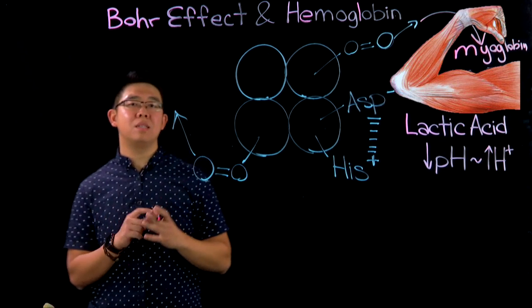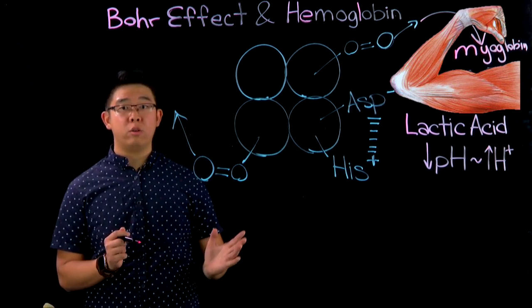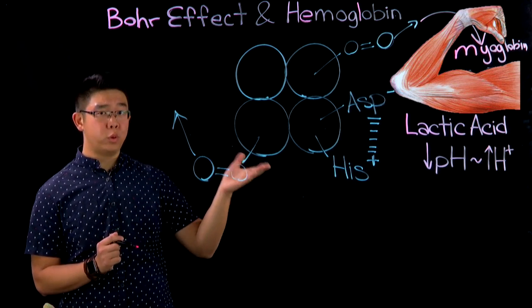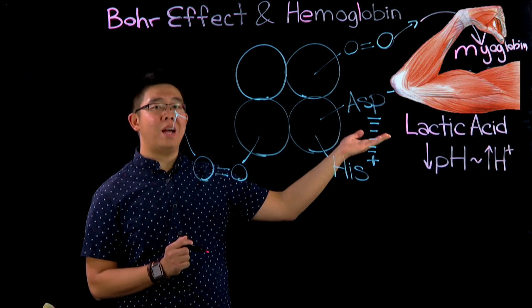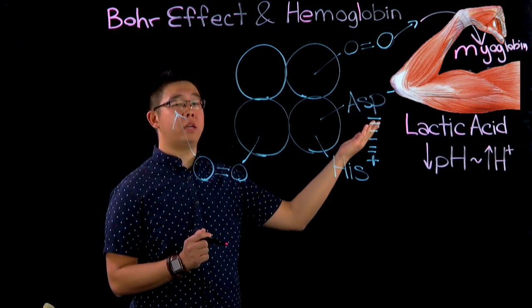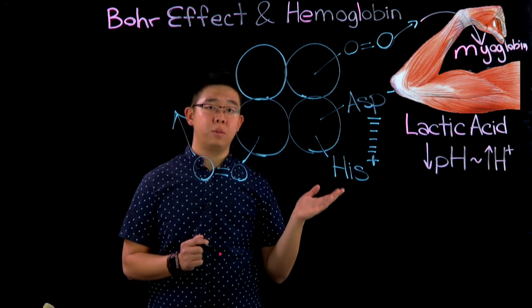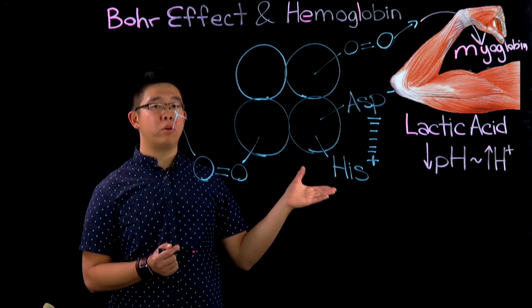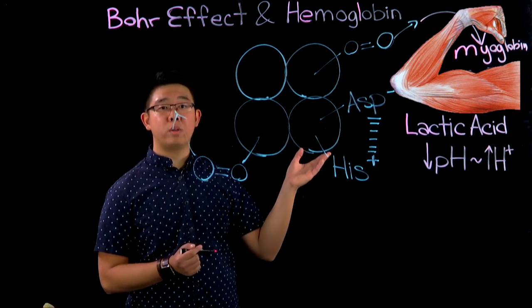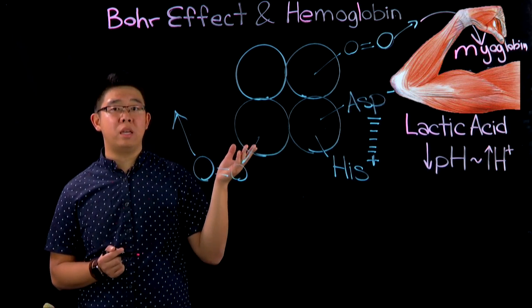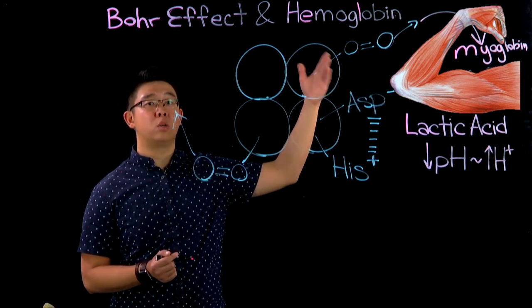That makes sense in the sense that hemoglobin is traveling all around your body through your blood. This hemoglobin reaches this area where lactic acid is accumulating. Therefore, the decrease in pH allows things like histidine to become protonated. Because of this protonation of histidine and this aspartate that interact with each other, this electrostatic interaction causes the oxygen in these two subunits to release.